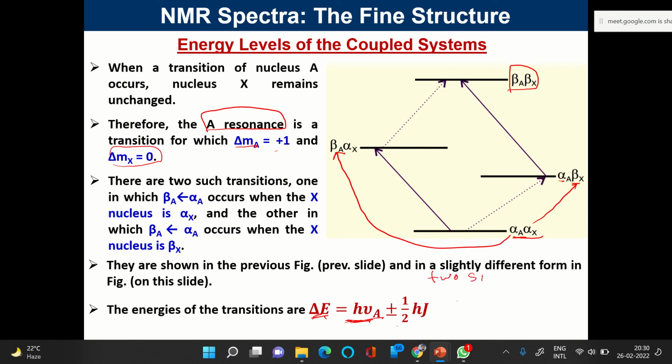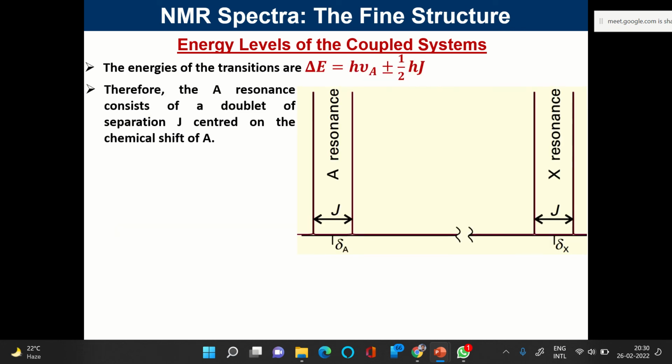You can have two signals, one at h mu A plus half hJ, and another at h mu A minus half hJ. So the difference between the two lines would be equal to hJ, right?